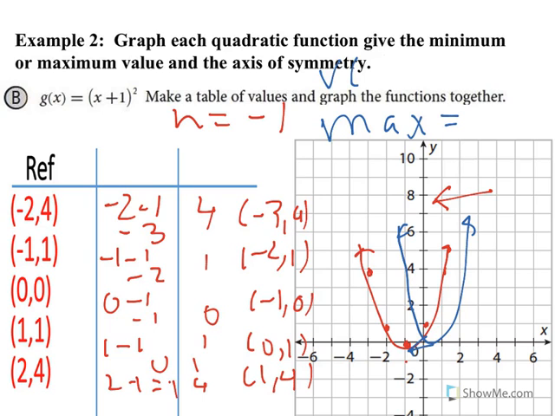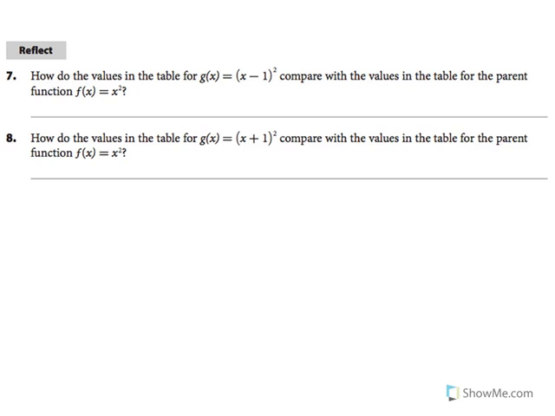So then the vertex is 0, -1. My mistake. Let me erase that. So the vertex is -1, 0. So minimum y equal to 0, and the axis of symmetry x equal to -1. Okay, let's go on to our next one.